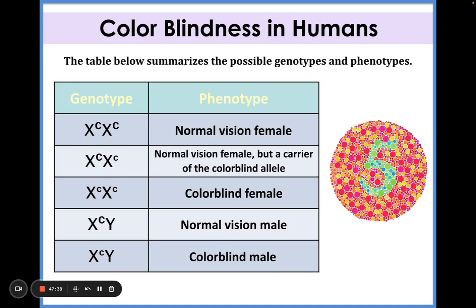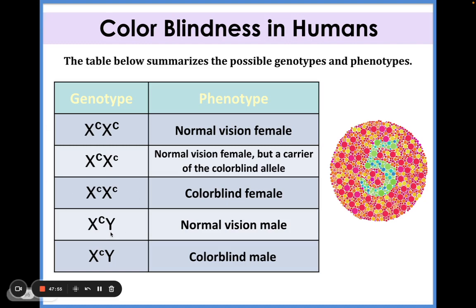No, half of her sons, 50% of her sons will be colorblind, but 25% of her offspring will be colorblind, okay? And 50% of her daughters will be a carrier, okay?